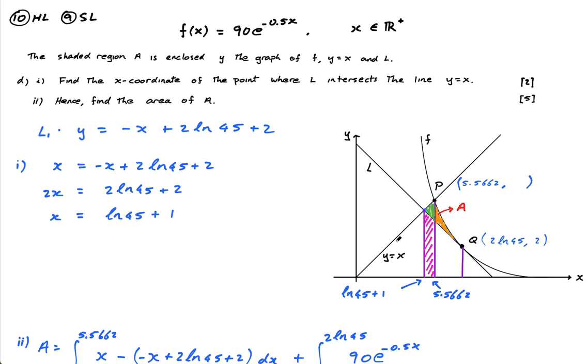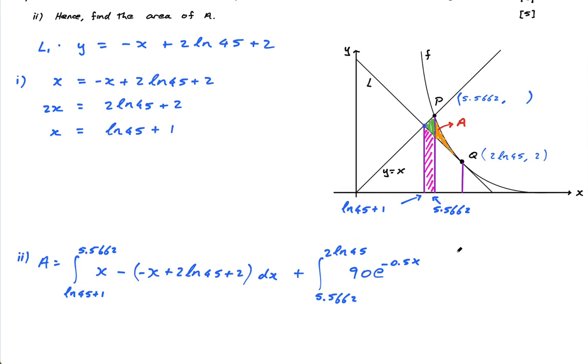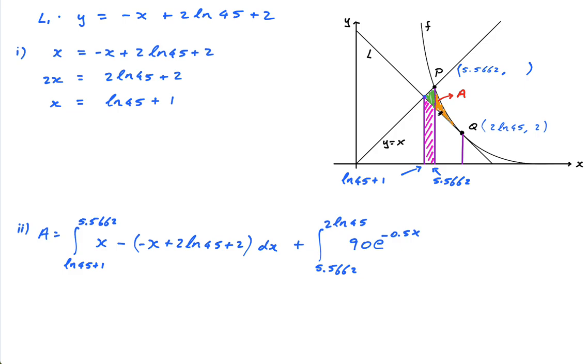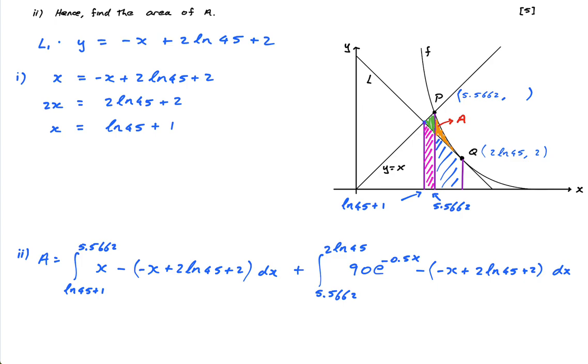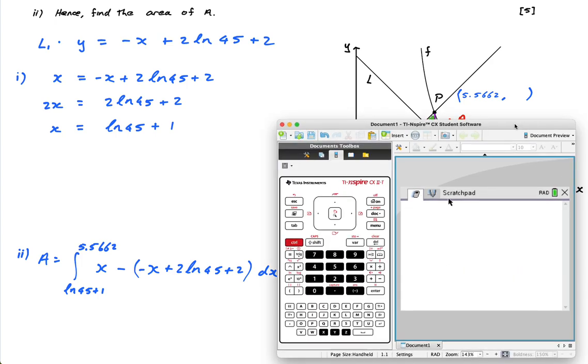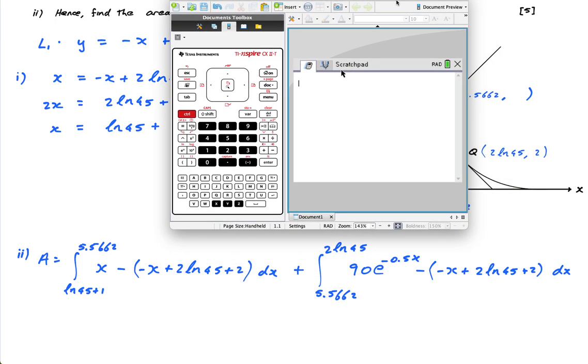Is that correct? 90 e to the minus 0.5x, yes. And the same thing, I'm going to subtract the area under the line L, so minus x plus 2 ln of 45 plus 2, close brackets, another dx. I'm going to put all of this into the calculator in one go.